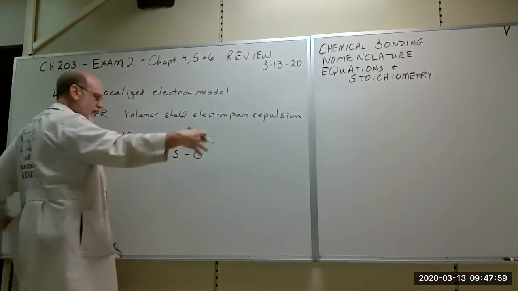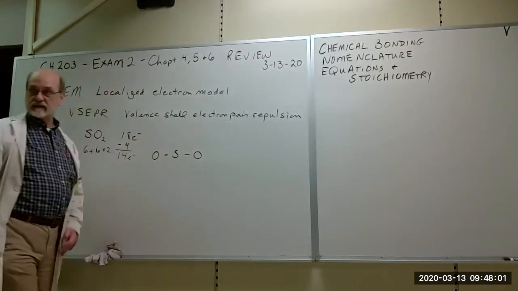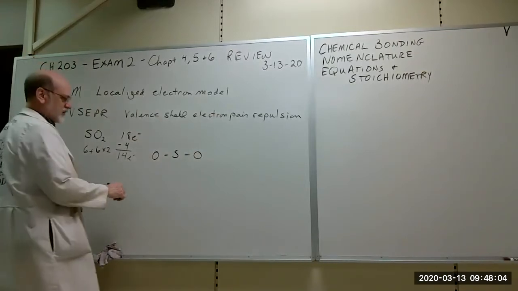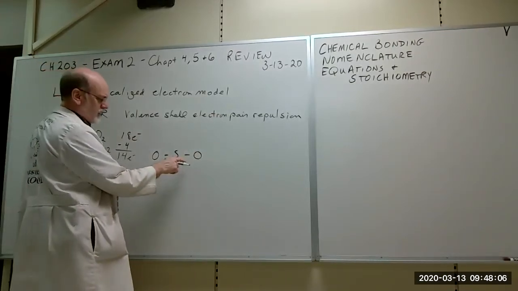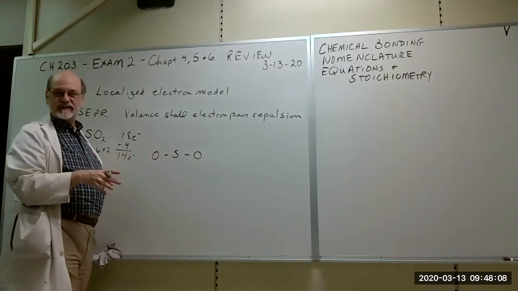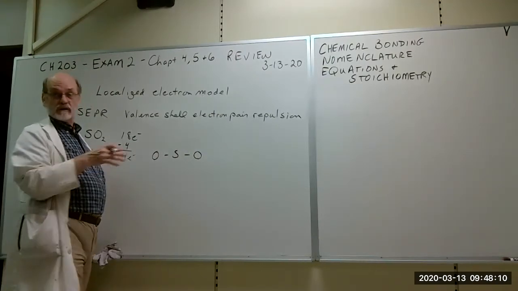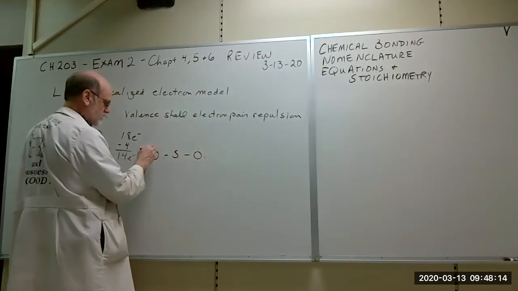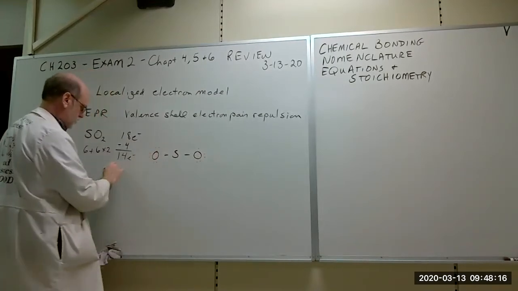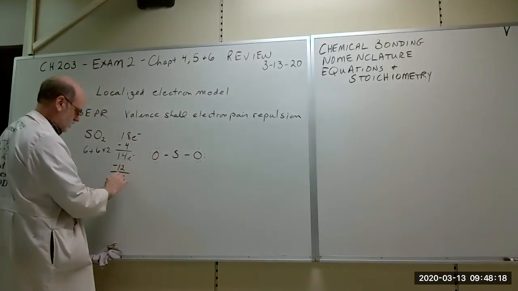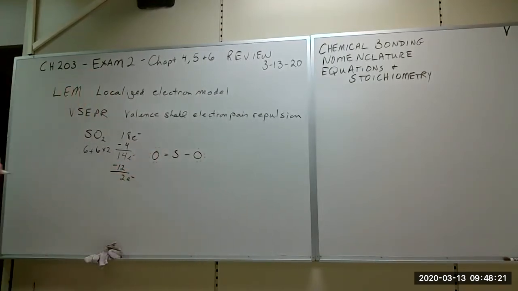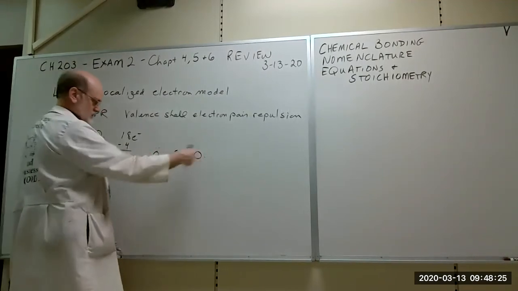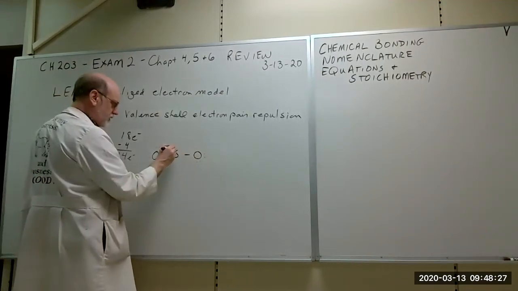You put them from the outside, work your way in, right? So let's say if we got 2 here, then in order to have an octet on oxygen, you need 6 more, right? 2, 4, 6, 8, 10, 12. So we have 2 more electrons. Oxygen's already got an octet, so we put those other 2 moving in there.